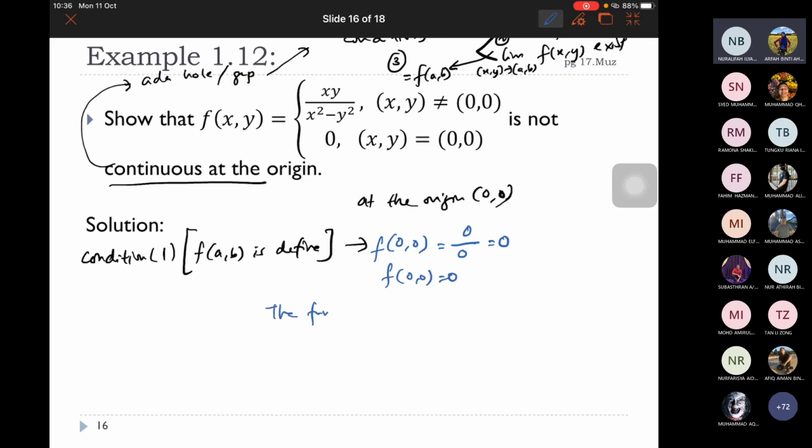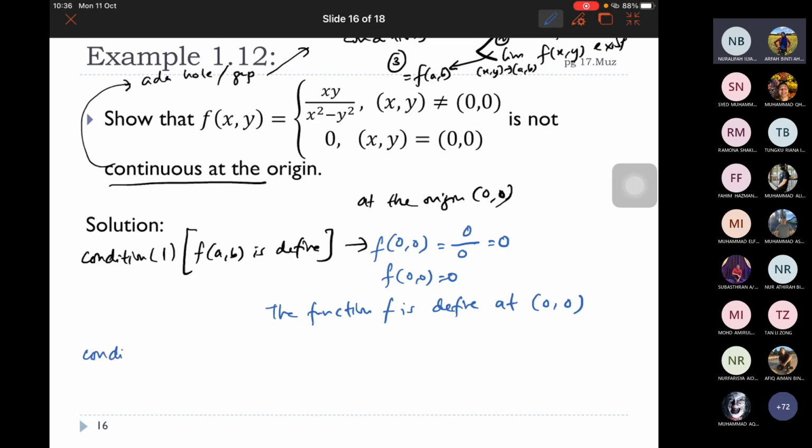The function f is defined, okay, at 0, 0. Okay. Itu condition 1.